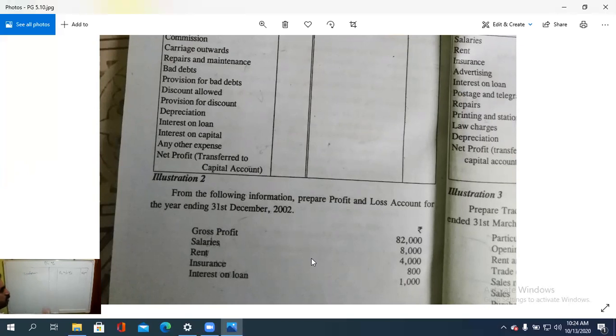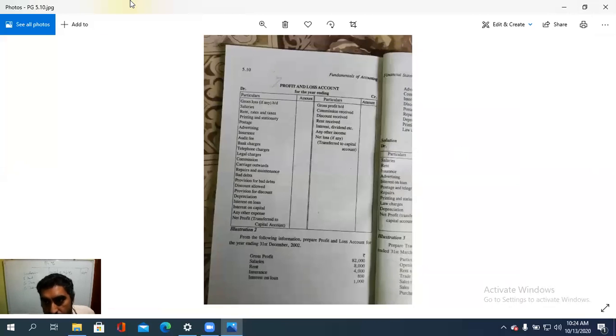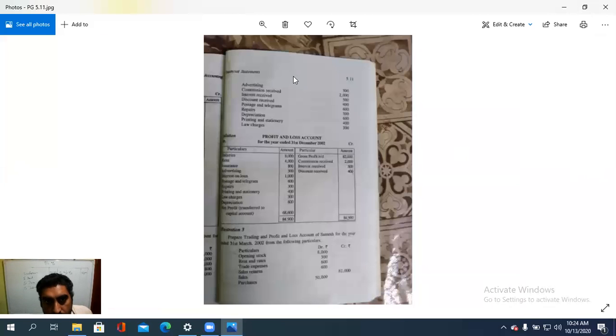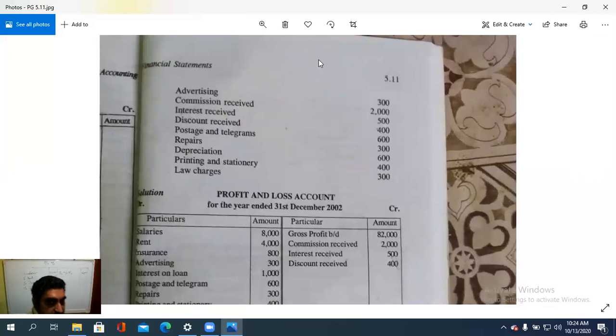The usual way is that 'to' and 'by' need to be used, but nowadays in business concerns they are not using them. All the indirect expenses to be debited. To rent, it is 4,000. Then to insurance, 800. Then to interest on loan, 1,000. Then advertising 300. To advertising is an expense, 300.